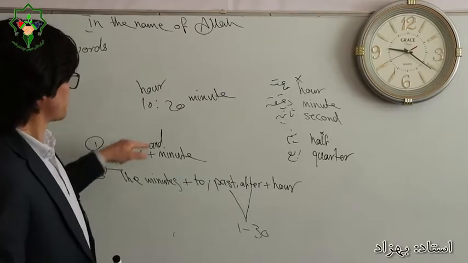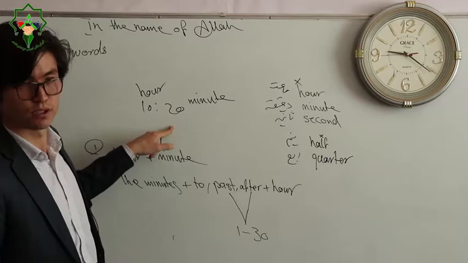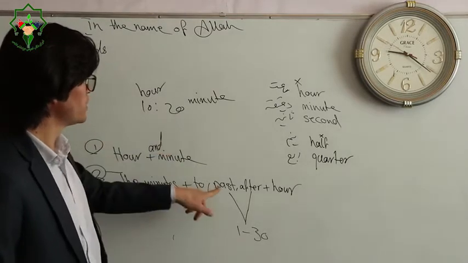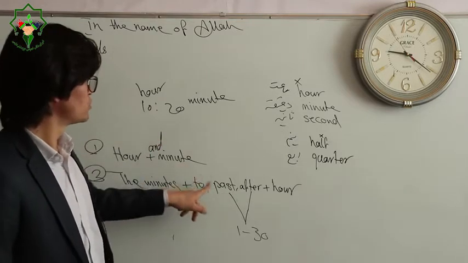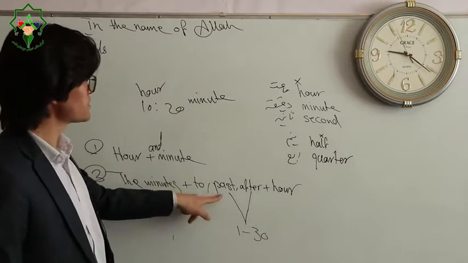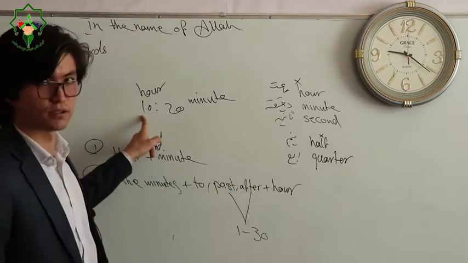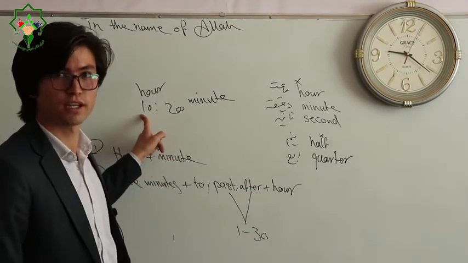Here, the first structure was like this. 10 and 20, 10, 20. But in this structure, you can say like this. 20 past 10. Got it? 20 past 10. Or 20 after 10.